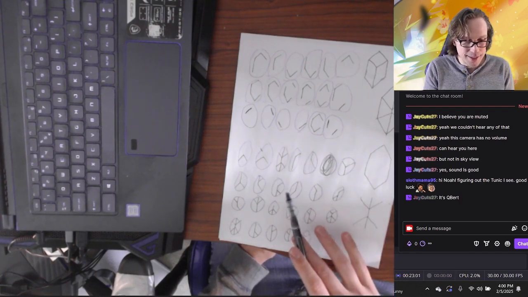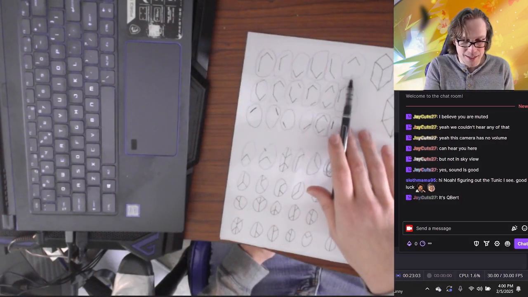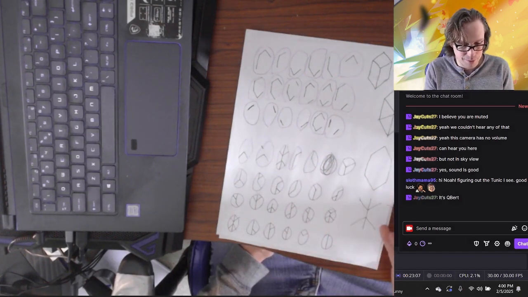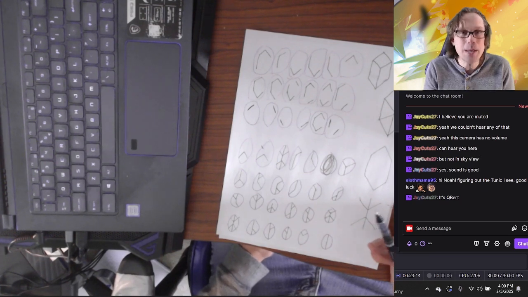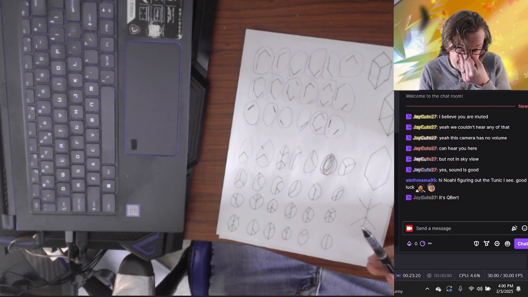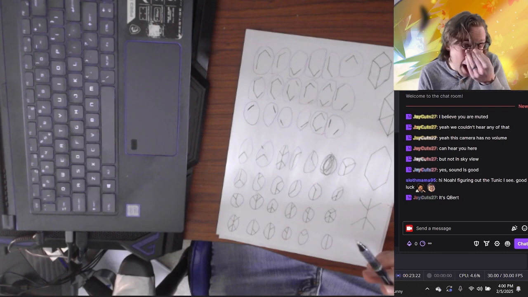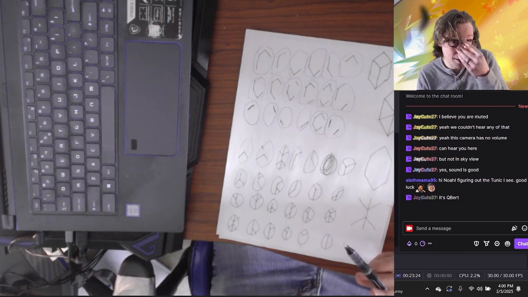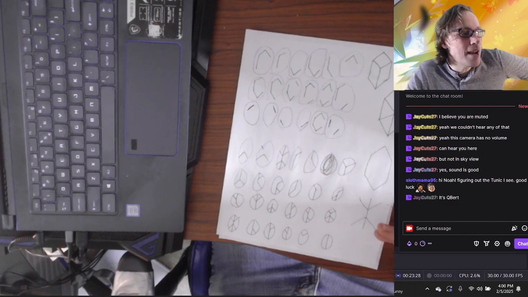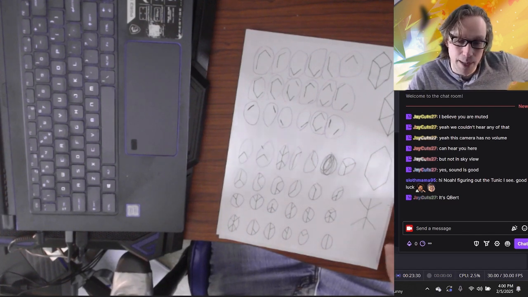So each one of these is 24 possible combinations. So how many possible letters? It's 18 times 24? Is the number of possible symbols in this? That's way more than what would be needed to create an alphabet.